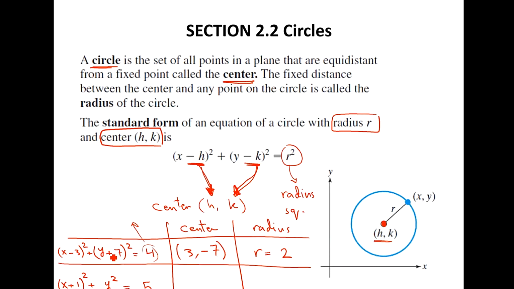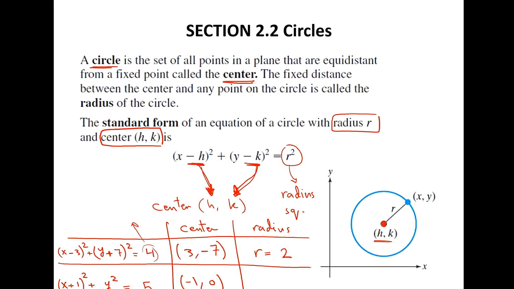طيب اللي بعدها شو السنتر؟ Negative 1 and 0. Good, because we can write y minus 0 all square.